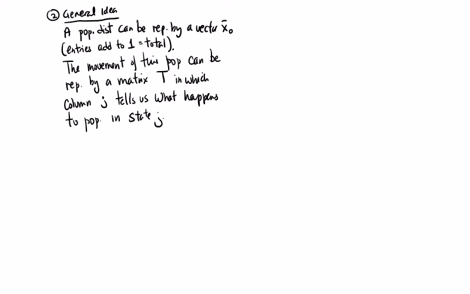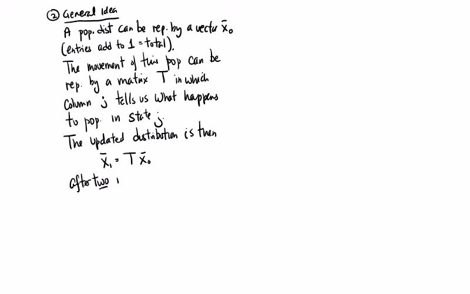So then the new population, or the updated distribution, we can think of as an x1, a new state. You take that transition matrix and multiply it, and that is after one iteration. After two iterations, x2 will be T x1, which is the same as T squared x0.